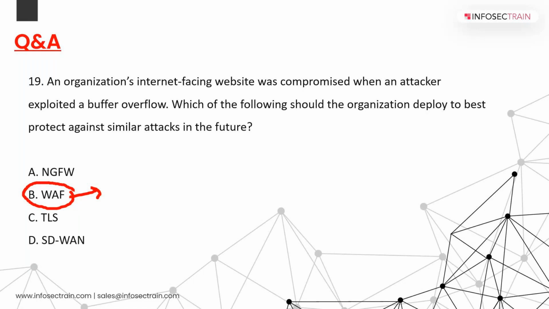Instead of relying on the traditional hardware, in SD-WAN we depend on centralized software, and using that software we are able to manage our whole WAN. So as per the options given, the correct answer is going to be the web application firewall. Okay, great.